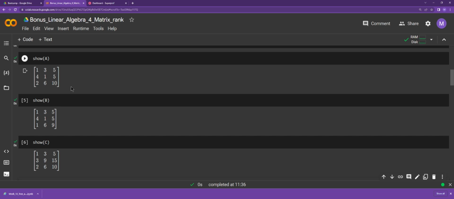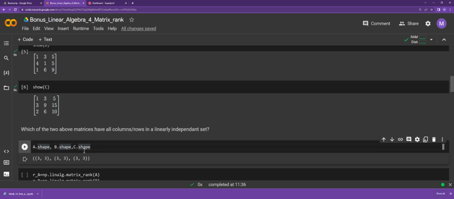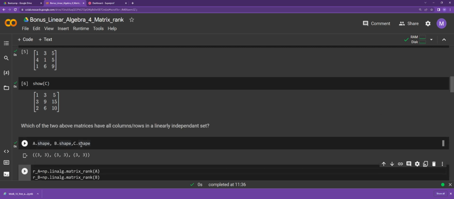Of course, there is one way to do this by hand using reduced row echelon form. But I'm assuming that you already know that or you're going to learn about it. But how would you do it in Python? Now, the shapes, of course, are all 3 by 3. Easily we can see it by eye.